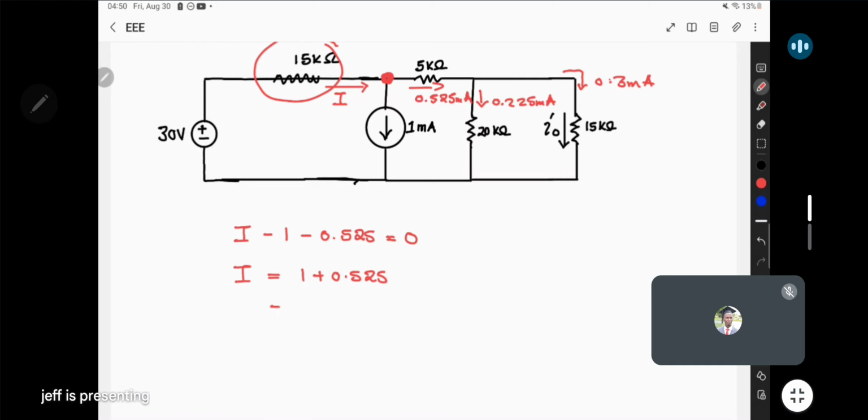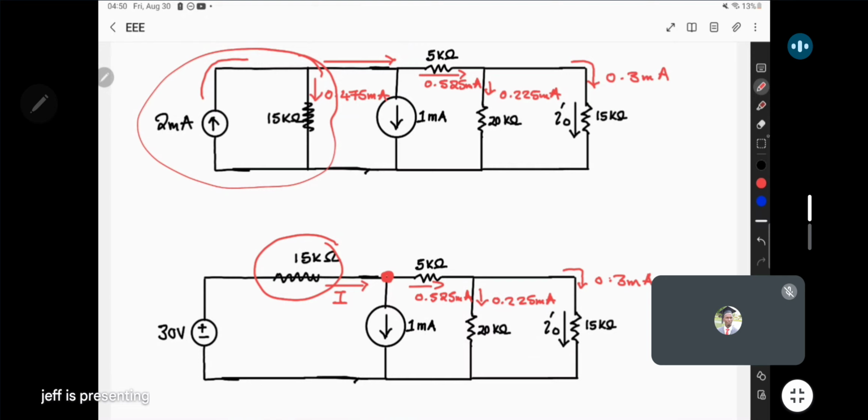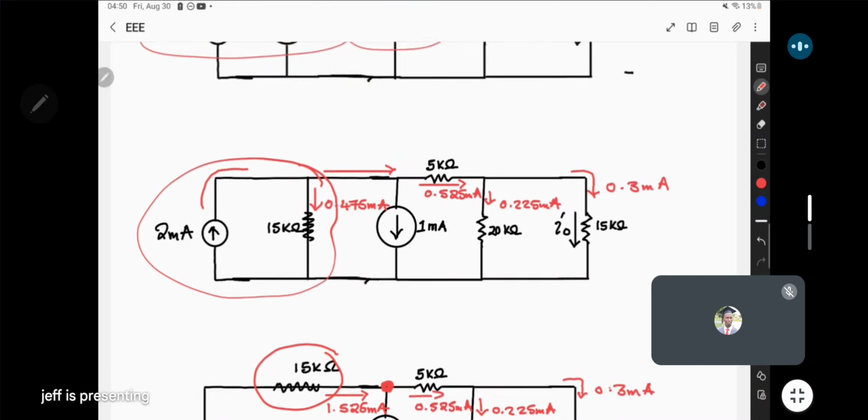So in the end, I is going to be 1.525 milliamps. So we now understand the current that was going towards this junction. It had to be 1.525 milliamps. Okay, next up.